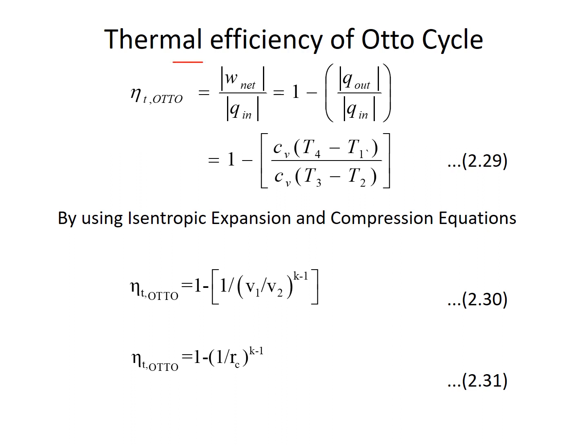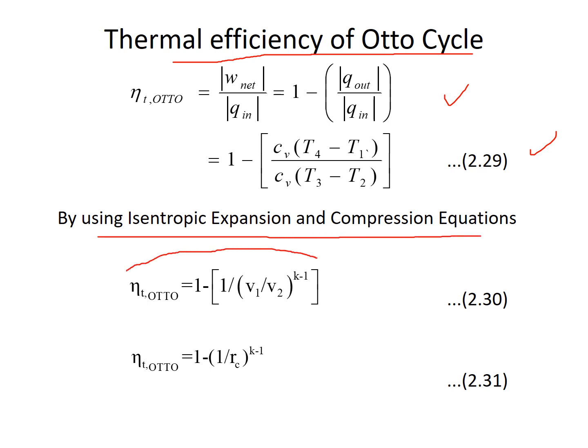Okay, the thermal efficiency of the Otto cycle can be calculated with equation 2.29, and by using the isentropic expansion and compression equations we can get the thermal efficiency of the Otto cycle as in 2.30 or 2.31.